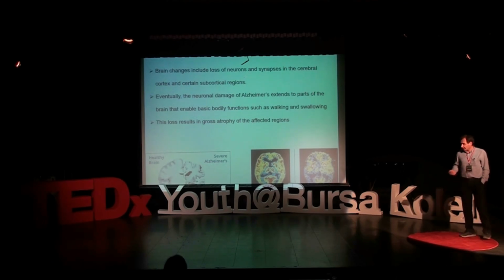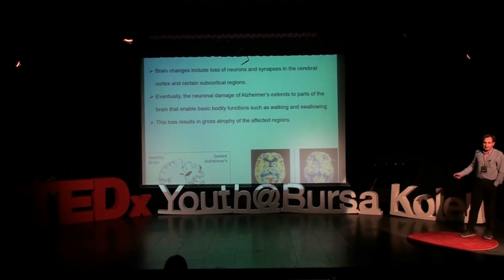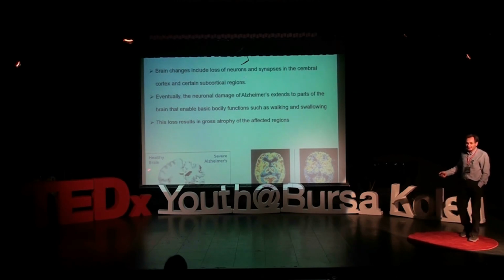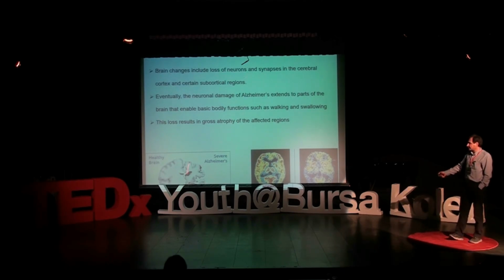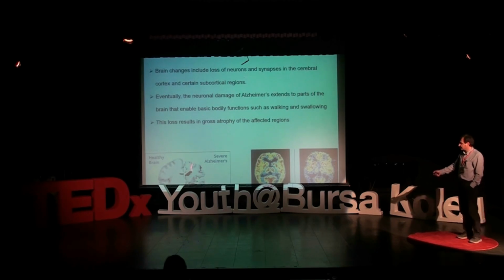For example, as you see in the illustration on the lower left panel, the left hemisphere represents a healthy brain, and the right hemisphere represents a brain with severe Alzheimer's disease. You can see the shrinkage in the brain structure.